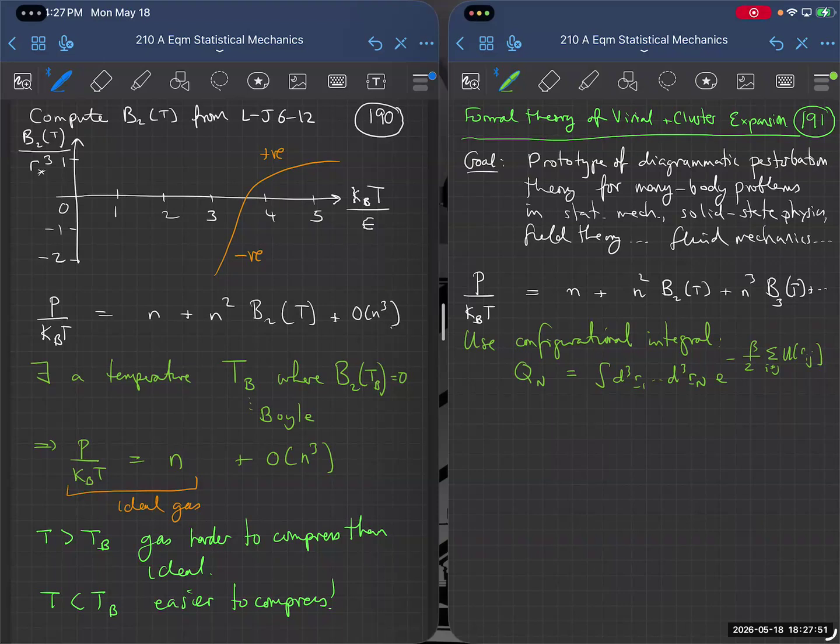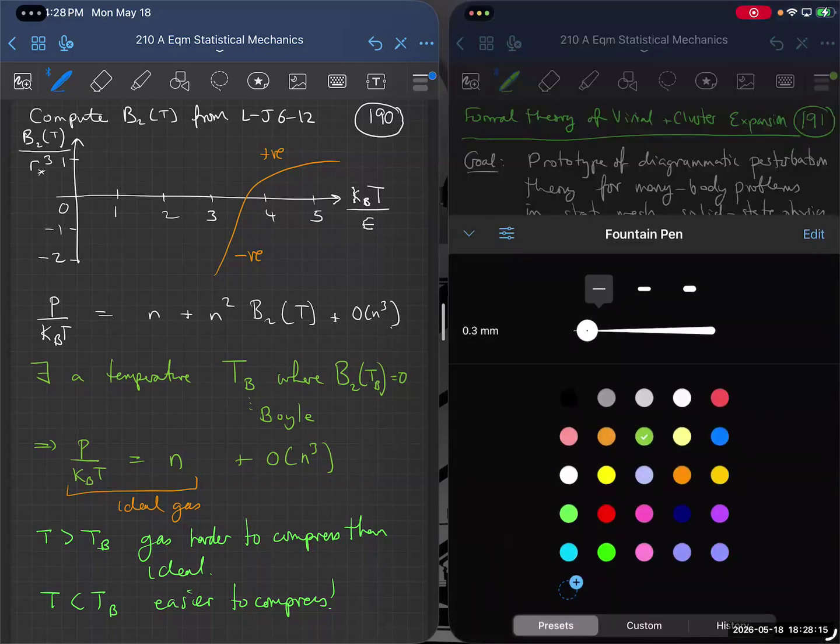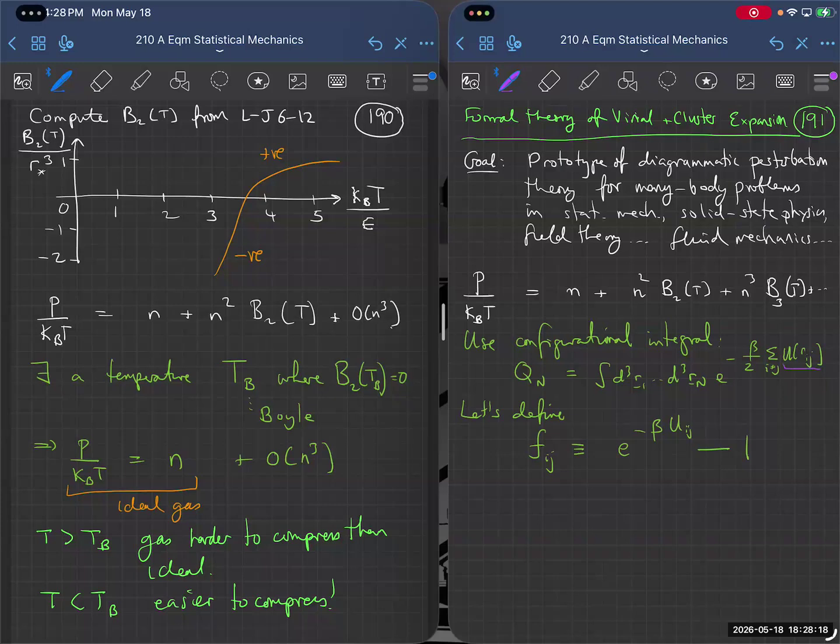And so Mr. Mayer, Professor Mayer, I should say, said, well, let's define f_ij to be e to the minus beta u_ij minus 1. I'm going to call u of r_ij just u_ij, to make it easier. So I'm going to define this function like this.